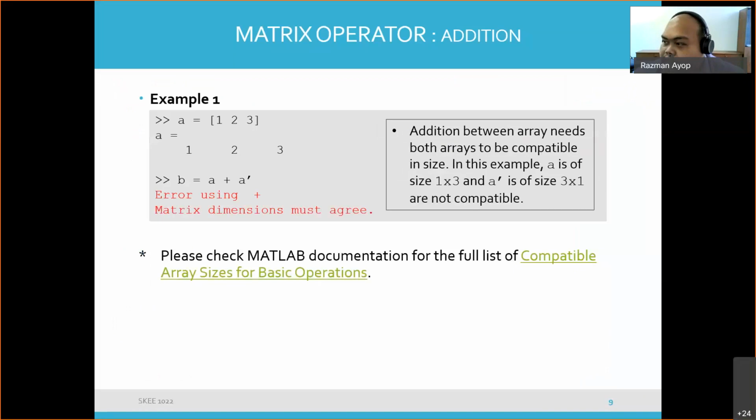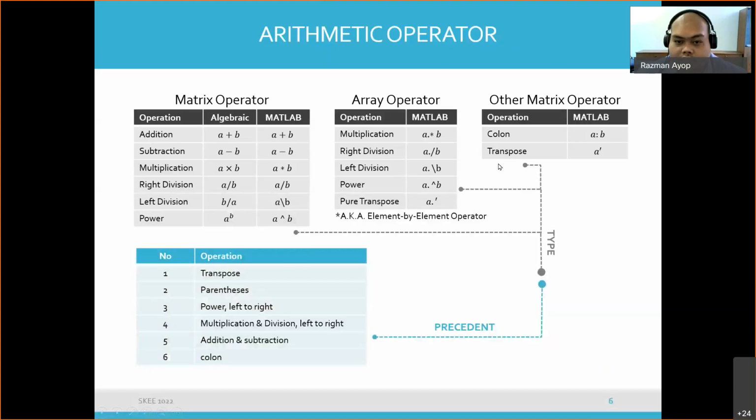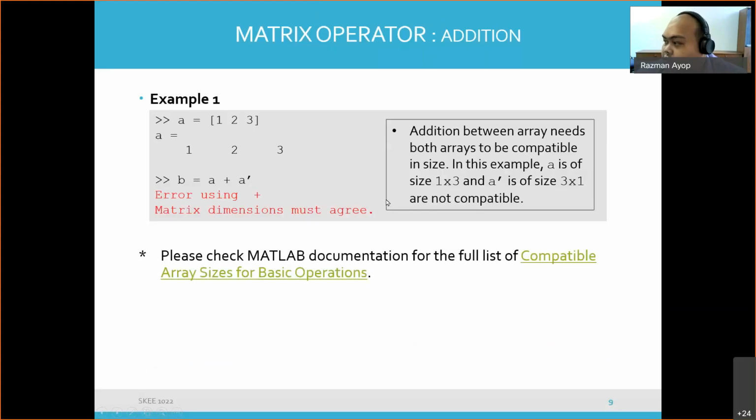Next is this one. When it comes to summation of matrices, you have to make sure both arrays are compatible. In this example, A is 1 row, 3 columns, so 1 by 3. When you use transpose, it will become 3 by 1.